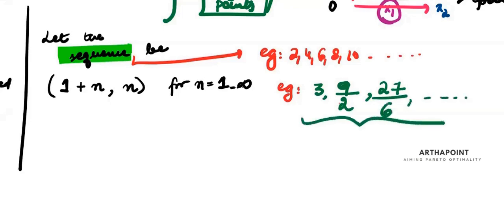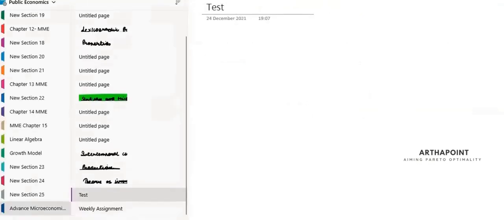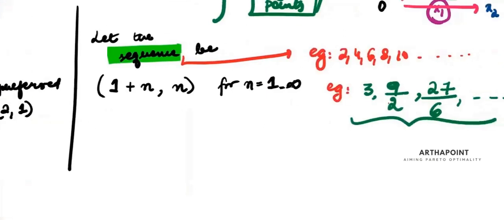This is also a sequence. I just created one. What kind of pattern does this sequence create? Each element is 3 to the power n upon n factorial. This is the sequence that I just created.